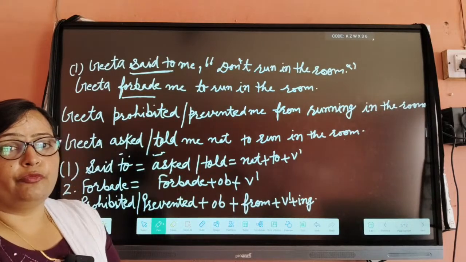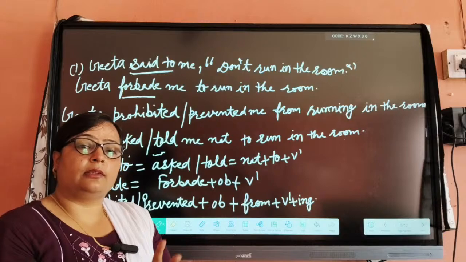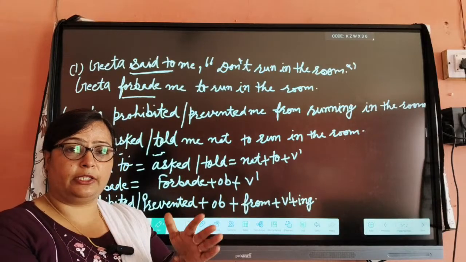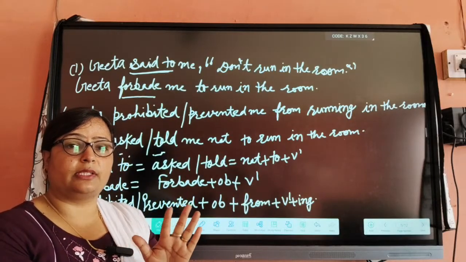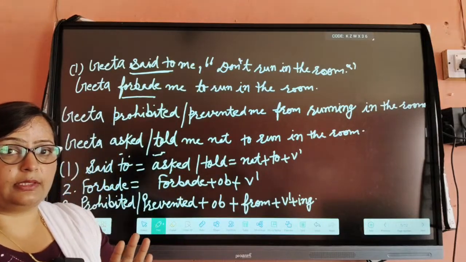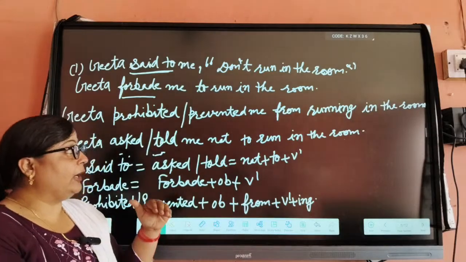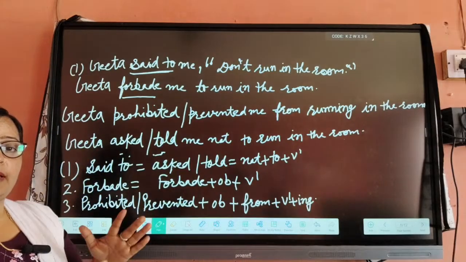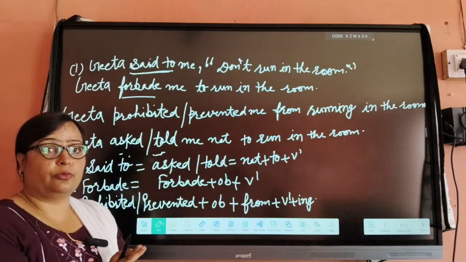First of all, we should understand that we can divide imperative sentences into two parts. The first is the affirmative sentence and the second is the negative command imperative sentence. And we have to see the type of sentence, only then apply the rules of narration.